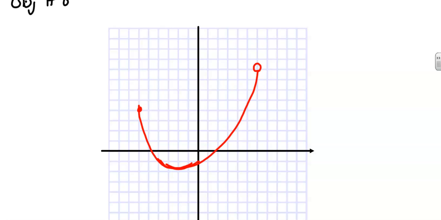Okay, and for this part, they're going to tell you to state the domain and range.